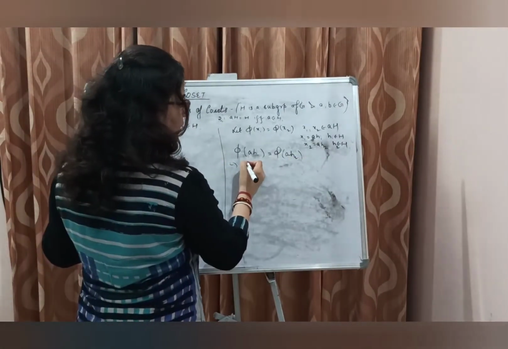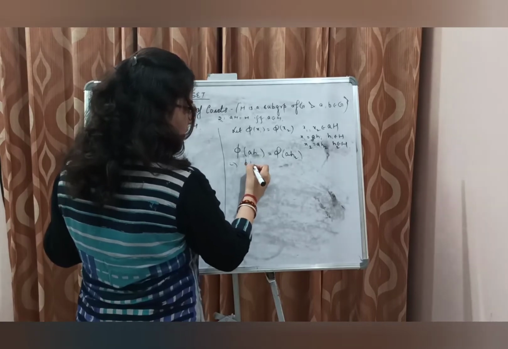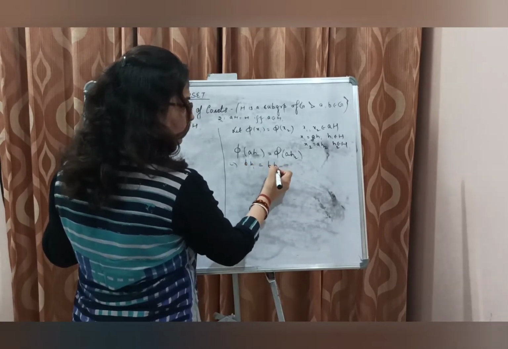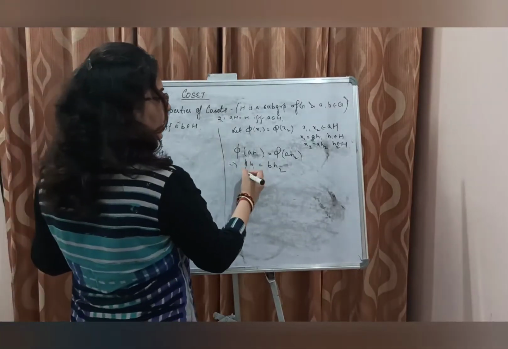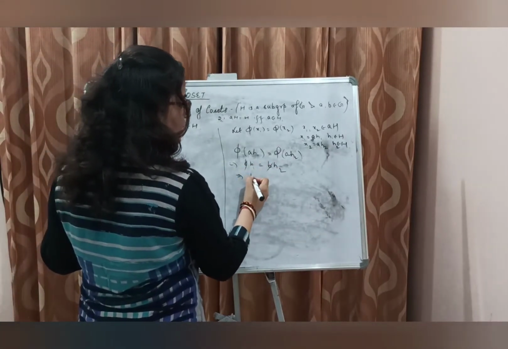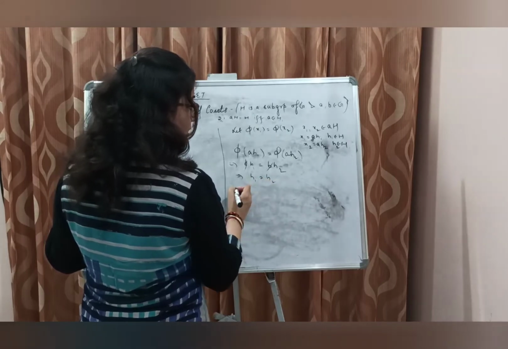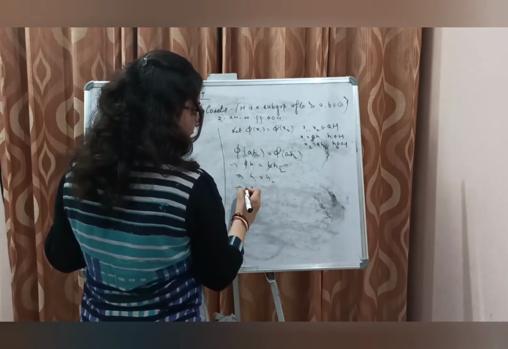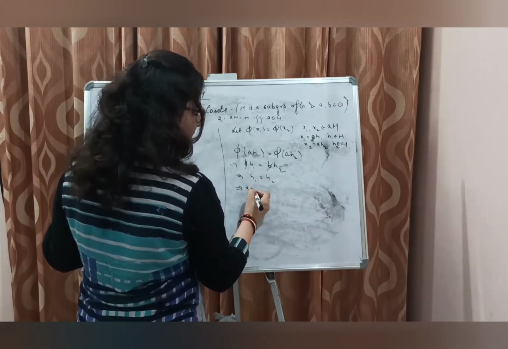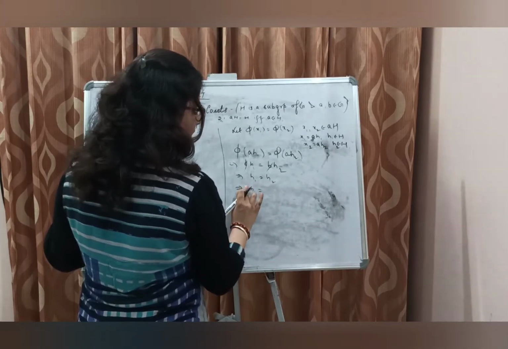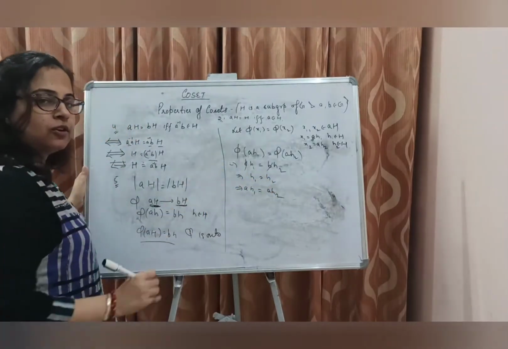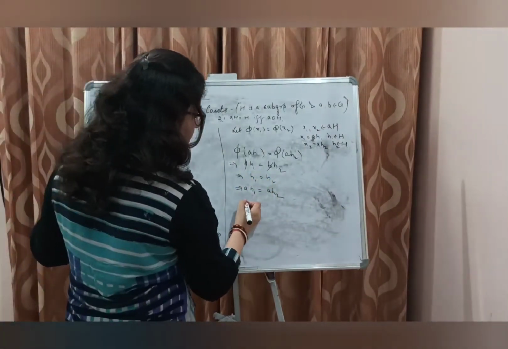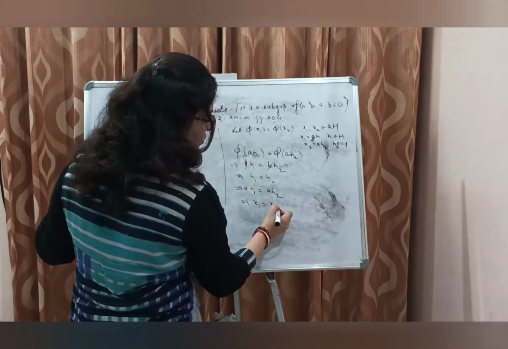This implies B h1 is equal to B h2. Now left cancellation laws hold in a group, so we can cancel B. This implies h1 is equal to h2. This implies A h1 is equal to A h2, left multiplying by A on both sides. This implies x1 is equal to x2.